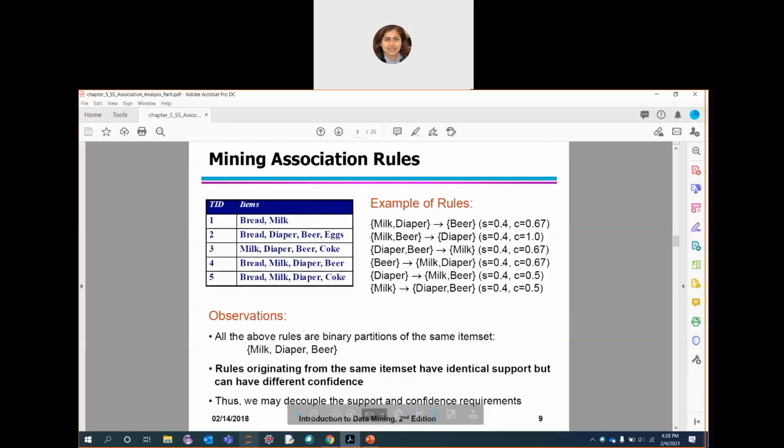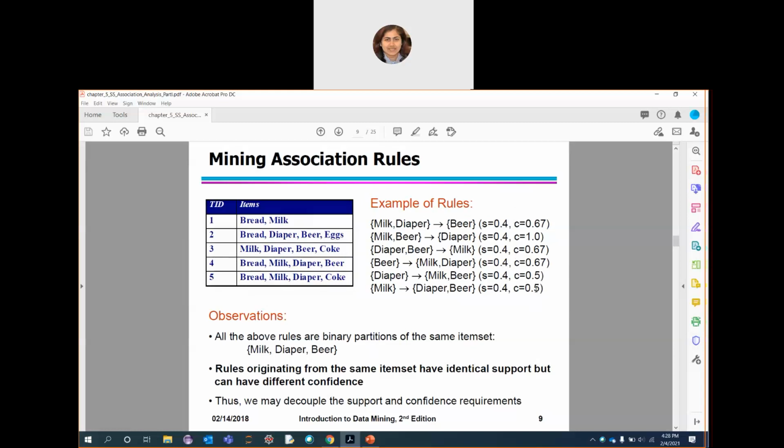Now, if you consider this example here, rules originating from the same item set, let's say milk diaper, milk beer diaper, all of them have the same support but different confidence. Because of this, we may need to decouple or differentiate the support and confidence requirements.